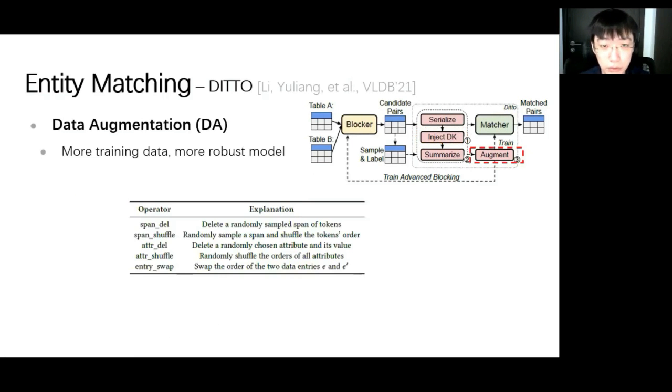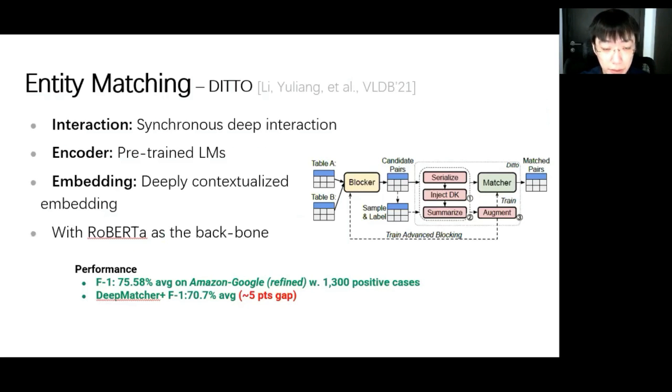This model also uses some data augmentation tricks, such as randomly sampling some spans from the tokens and swapping the order of the two data entries to improve the robustness of the model. In experiments, DITTO uses RoBERTa as the backbone, and the model achieves a 5-point performance improvement compared with the SOTA DeepMatcher plus.